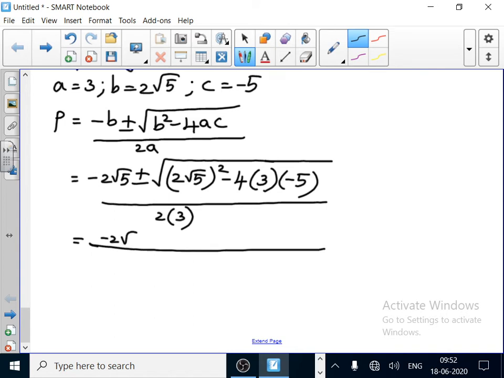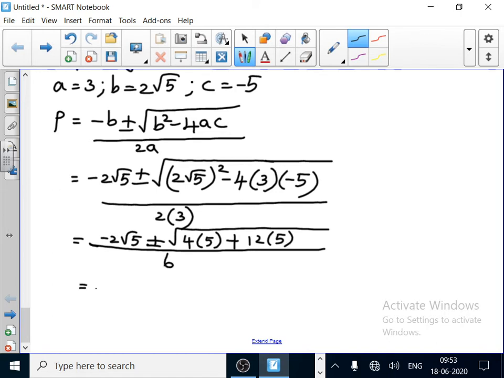That is equal to minus 2 root 5 plus or minus square root of 2 root 5 whole square, 2 2s are 4, root 5 into root 5 is 5, so 4 into 5, 20, minus into minus plus 12 into 5, 4 3s are 12, whole divided by 6.